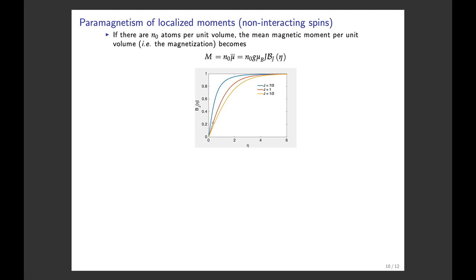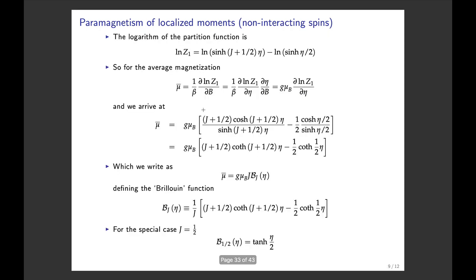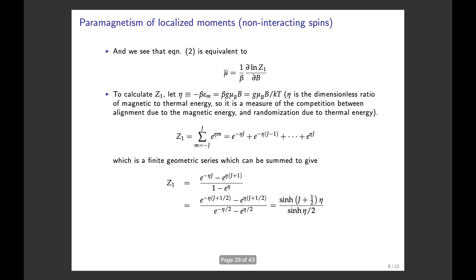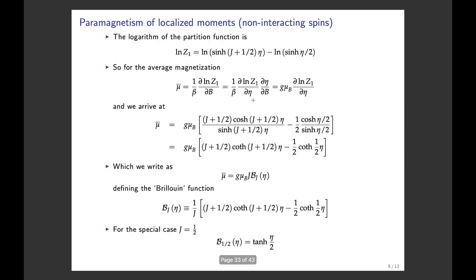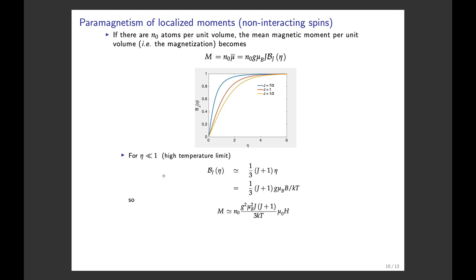And if you're down in this regime, when the magnetic energy is small compared to the thermal energy, then the magnetization, which is proportional to the Brillouin function, is linear with inverse temperature, because eta goes like 1 over kBT, it goes like beta. Anyway, that's just what I said.